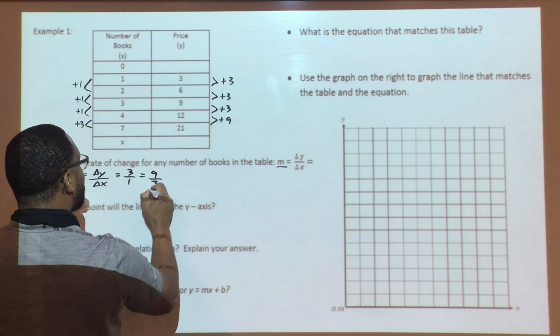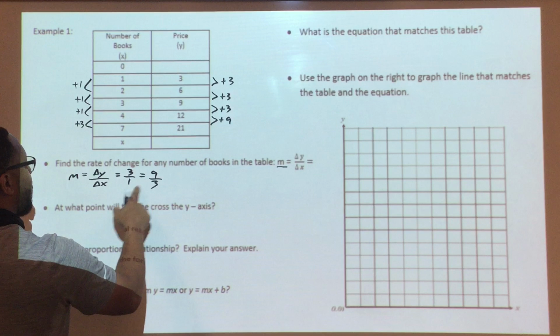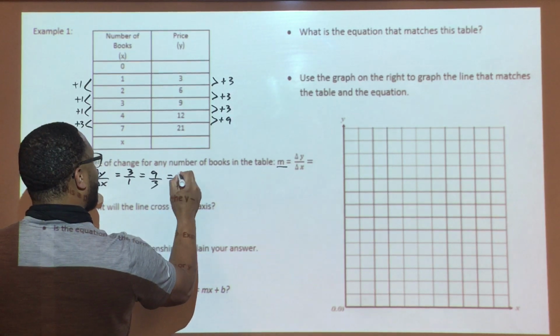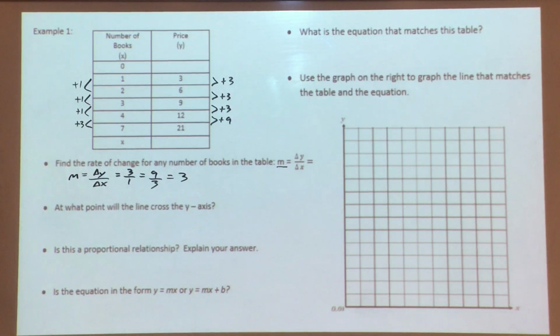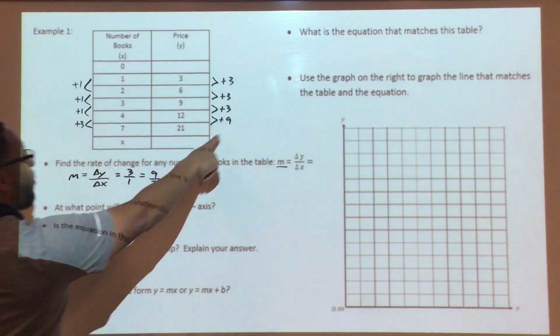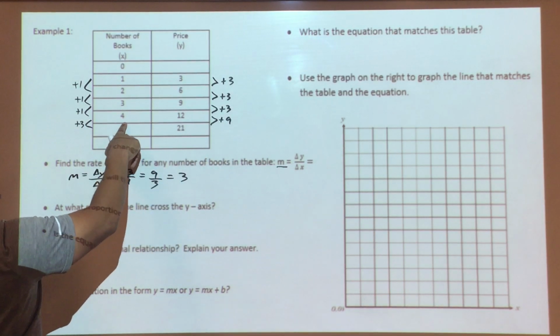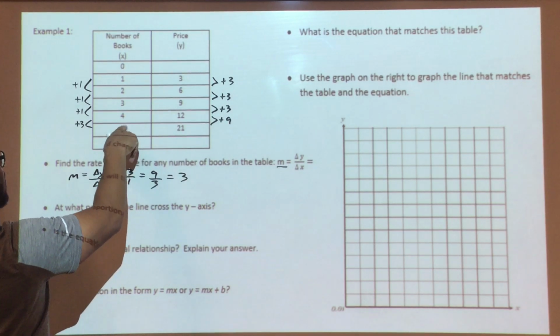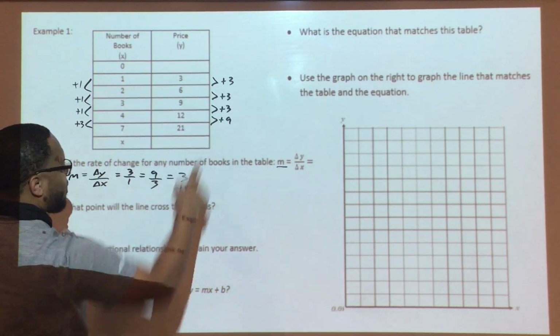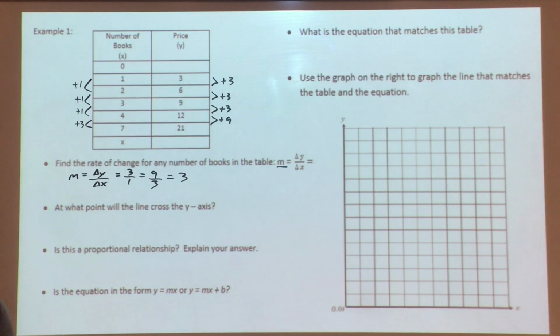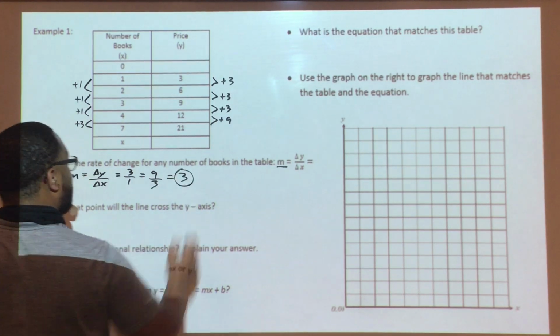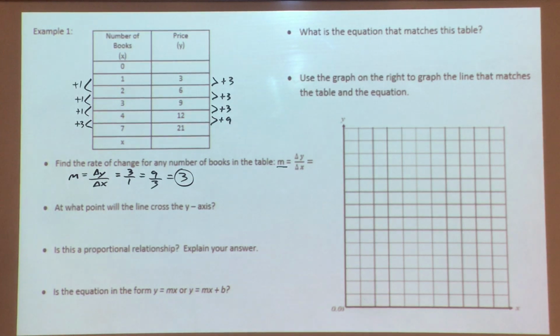But what you should notice is 3 over 1 and 9 over 3, they both equal 3. So why did it jump over here to 9? Well, it did that because of what x did. You'll notice they skipped 5 and 6, so they jumped to 7, so that's why there's a bigger change. But they all equal 3. So my rate of change here is 3.